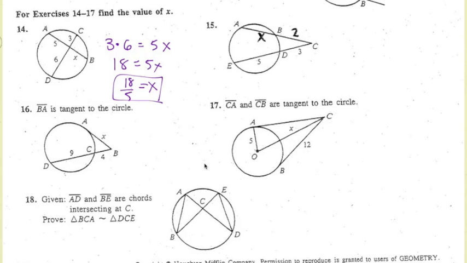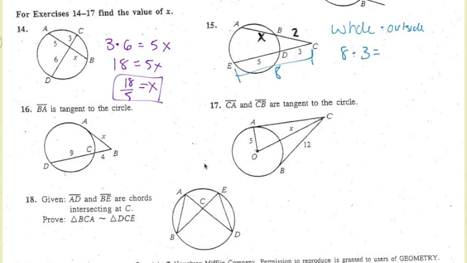Number 15 is secants. What was our rule for a secant? The whole times the outside. Never just the inside alone. The whole times the outside. So for this bottom one, I'm going to do 8 times 3.